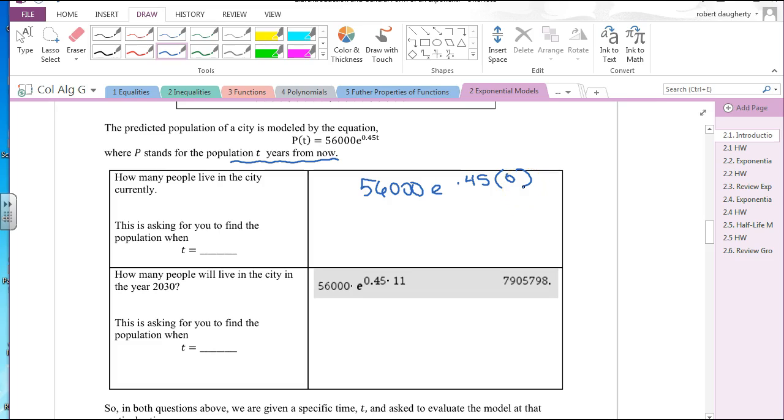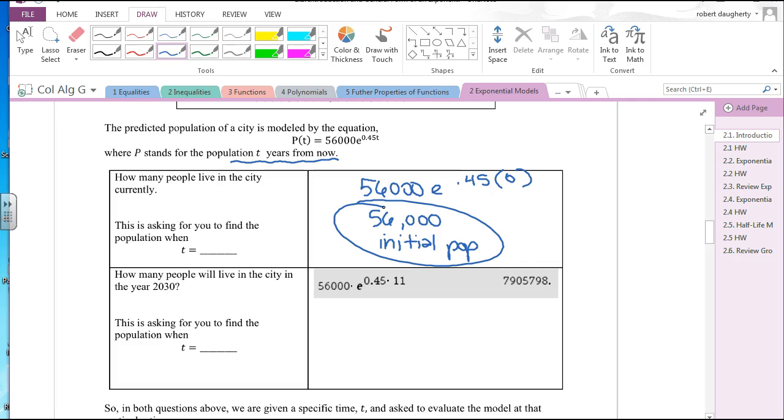What's e to the 0? E to the 0 is 1. So this is 56,000, okay? So that is the initial population.